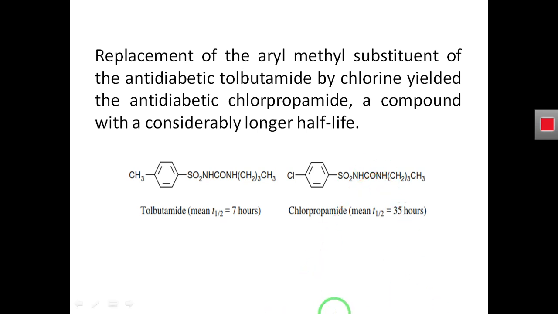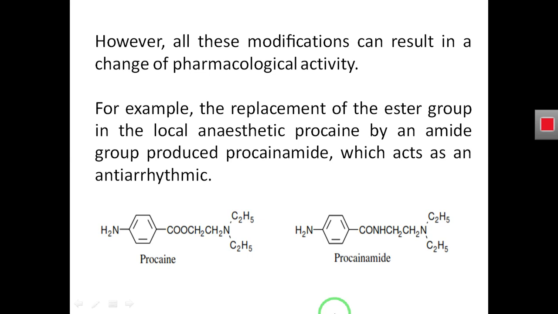So this is one example, and here we can take a second example. Sometimes the change of a functional group can change the biological or pharmacological activity of a drug.